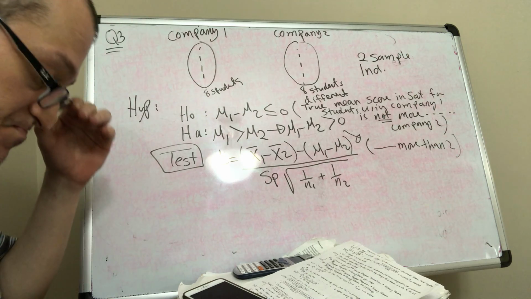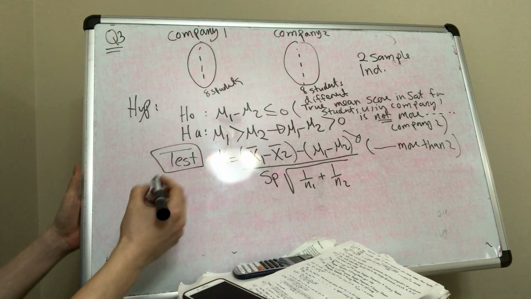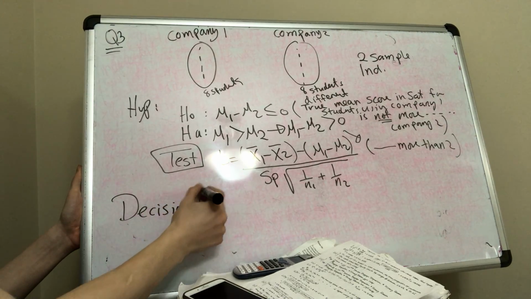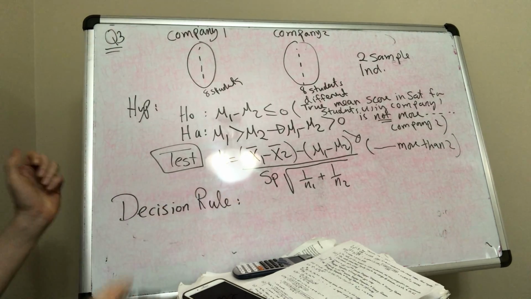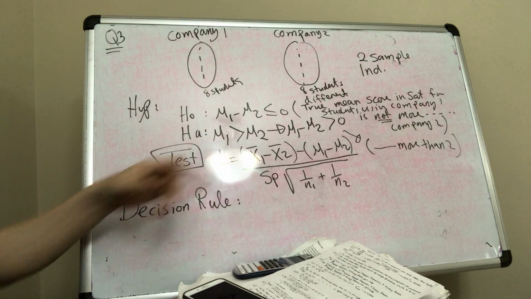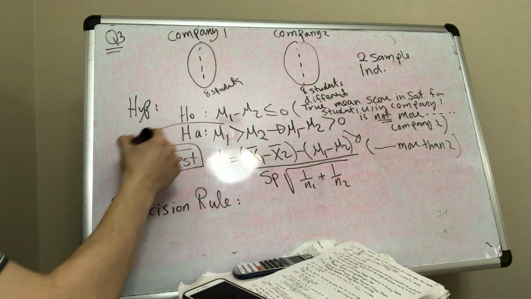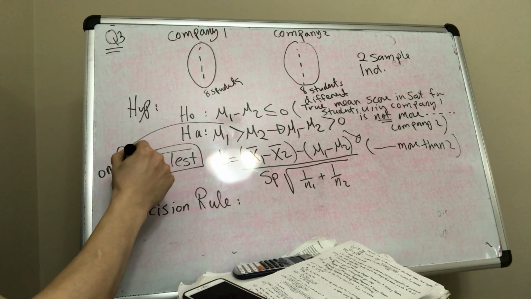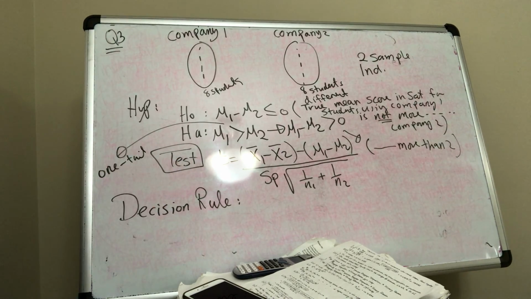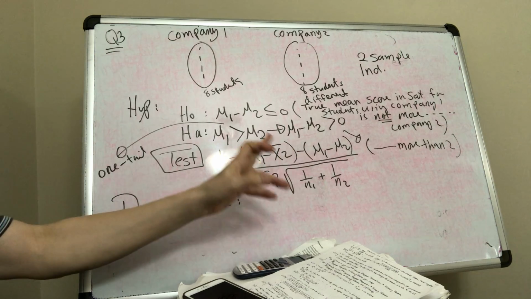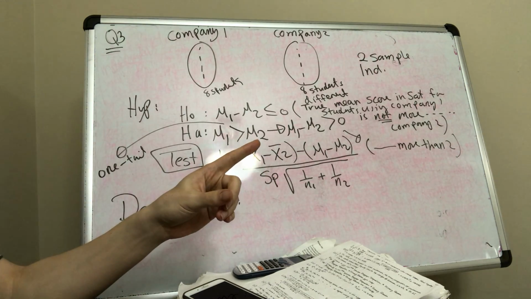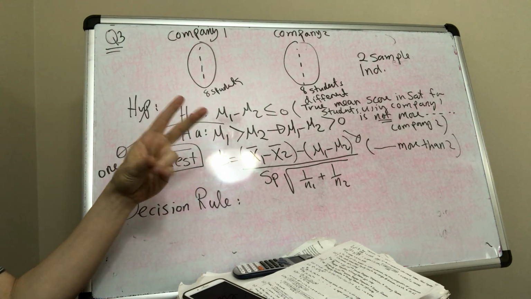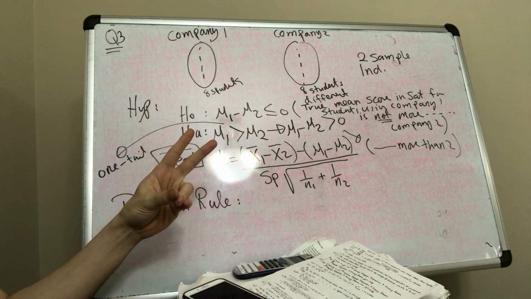Now, decision rule. According to this, when you're more, that makes it 1 tail, upper tail. If you're less, you're also one tail, but lower tail. Not equal would be the only time that is two tail.